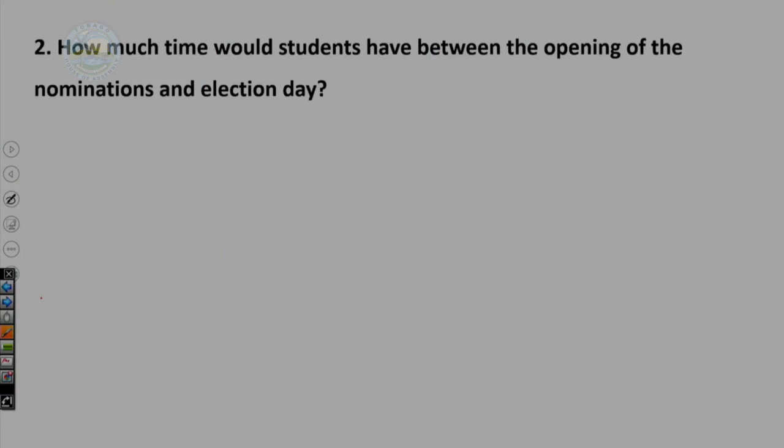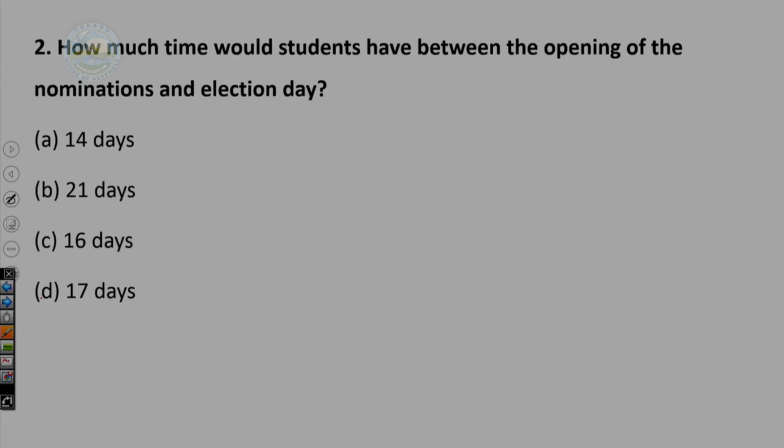Another possible question. How much time would students have between the opening of nominations and election day? I want you again to look at your screenshot of your notice from Castara High School Student Council. Our options here are 14 days, 21 days, 16 days, and 17 days.